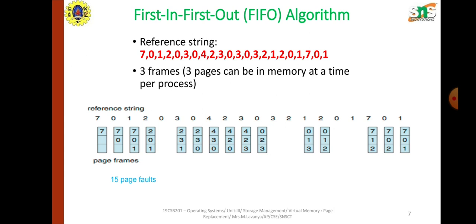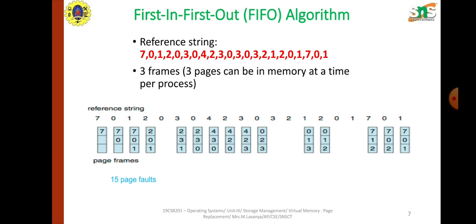The next string arrived is 1. Since the values 0, 2 and 3 are available in the frame, we have to find the victim frame and replace a value with 1. In 0, 2 and 3, the first arrived string is 2. So we are replacing 2 with 1.